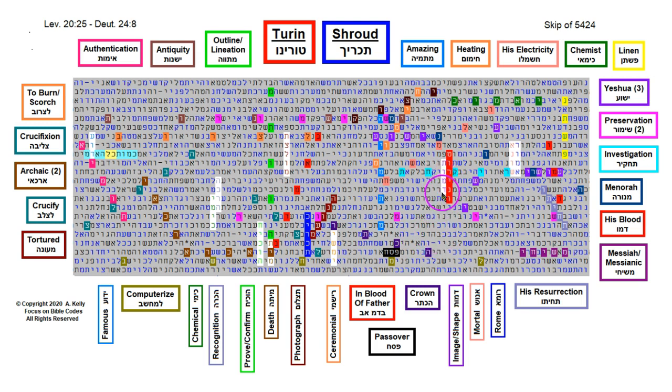And looking again, there is the word image right beside Turin. Now here in the plain text of Scripture, it's quoting from Numbers chapter 16 verse 29, where it says, "Common death of all men." So Yeshua died the death of all men.